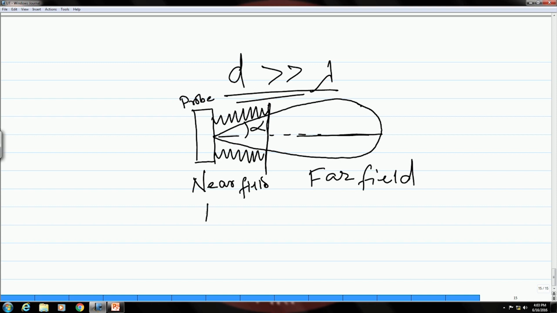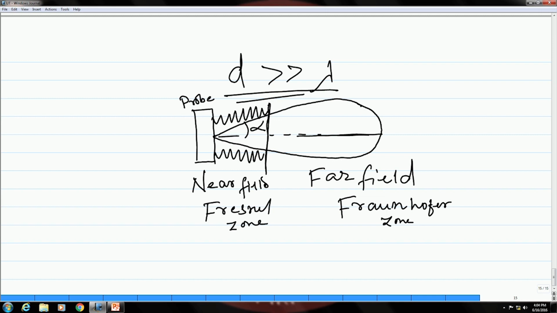The near field is also known as the Fresnel zone, and the other name for the far field is the Fraunhofer zone. Okay, so these are the two different regions you have in the beam.